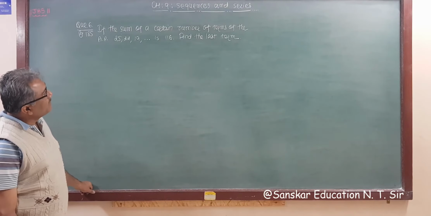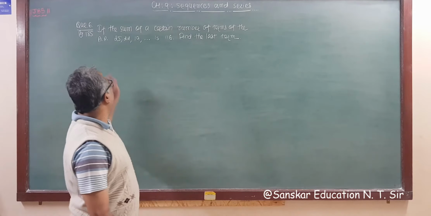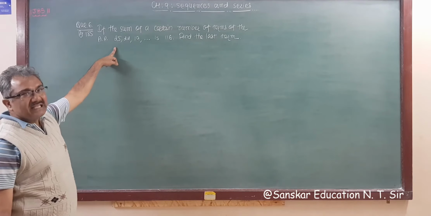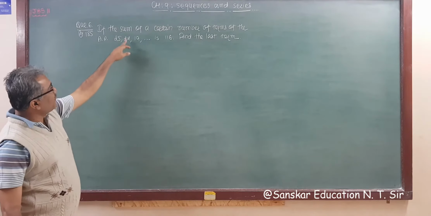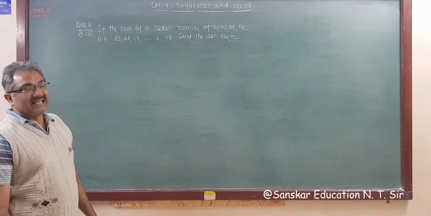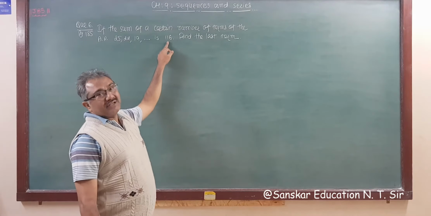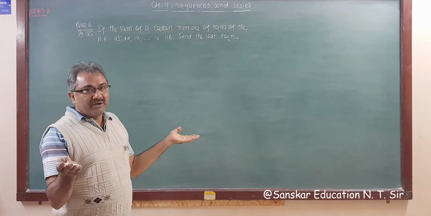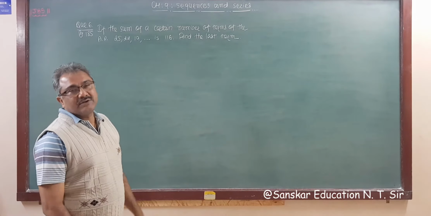Number 6, page 185. If the sum of a certain number of the terms of the AP, so this AP is given, right? Now for this AP, 25, 22, 19, Sn is 116 is given because certain terms are given. The exact number of terms is not given.